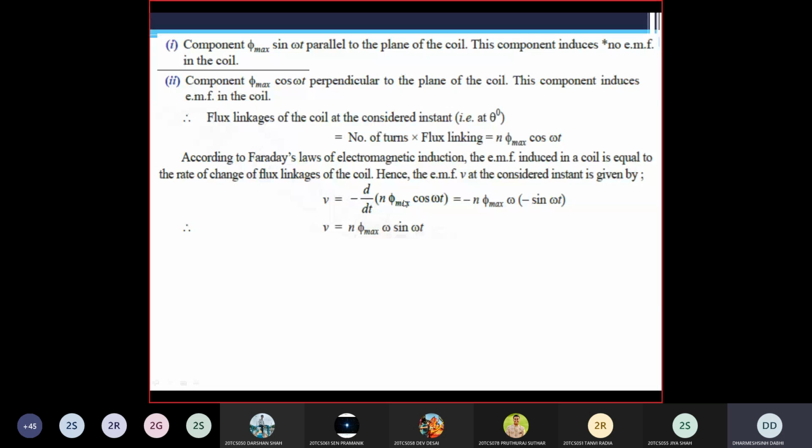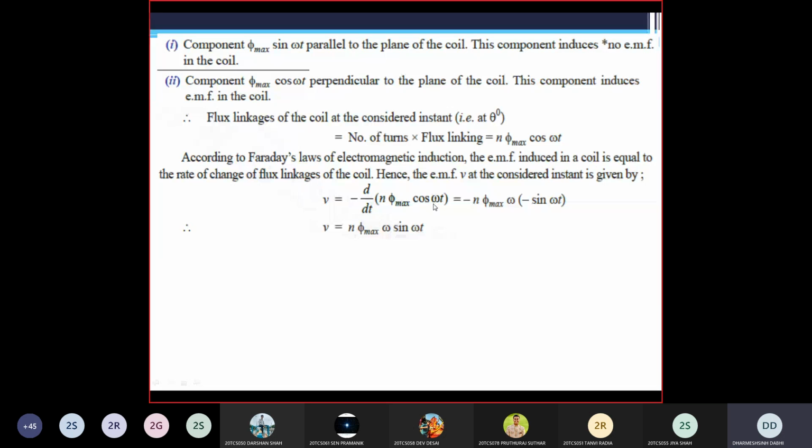If you take the differentiation of this, the number of turns remains constant, so it comes out of the differentiation. Phi max is also constant. So take the derivative of cos omega t with respect to time. Cos omega t differentiated with respect to time is minus sine omega t into omega, because here we differentiate with respect to time, not with respect to omega t.